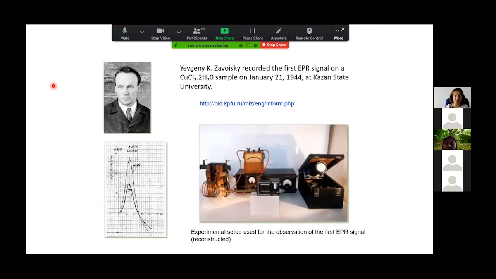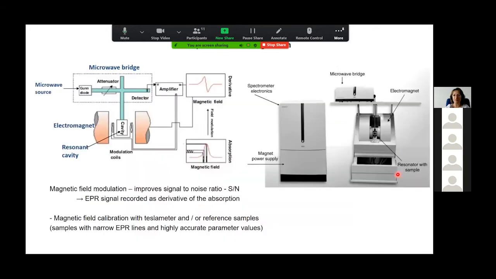So I would like to show you the first experimental setup used to observe EPR signals. It was in 1944. So you can make a comparison with this new EPR spectrometer, and this is one of the simplest spectrometers which are used nowadays.